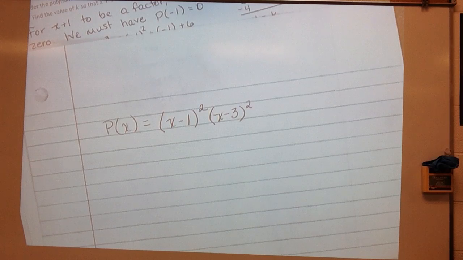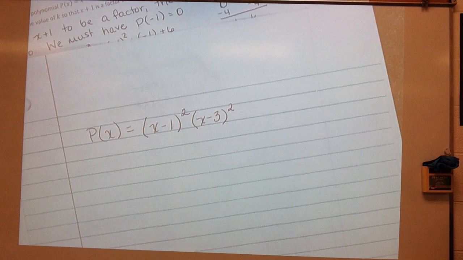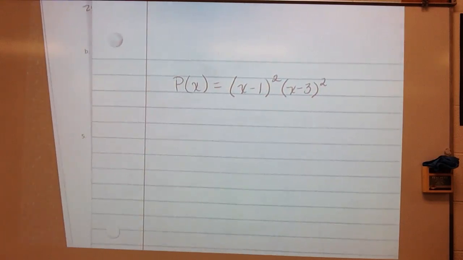So let's say, what if I want to give an example of a polynomial function with zeros of multiplicity 2 at 1 and 3. Is there another way I could do this? Could I give another example? I want to keep the same information. I still want my zeros to be at 1 and 3, and I want them to have a multiplicity of 2, but can I do it a different way?